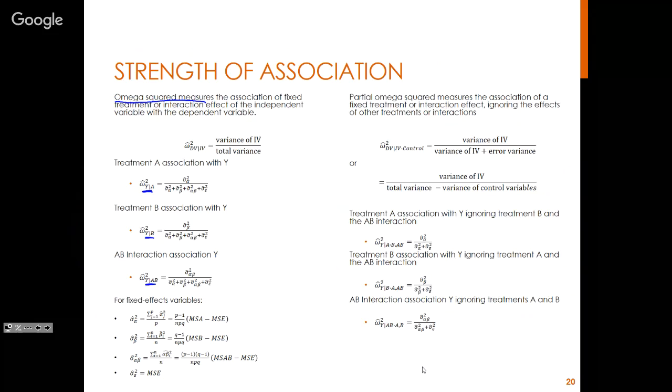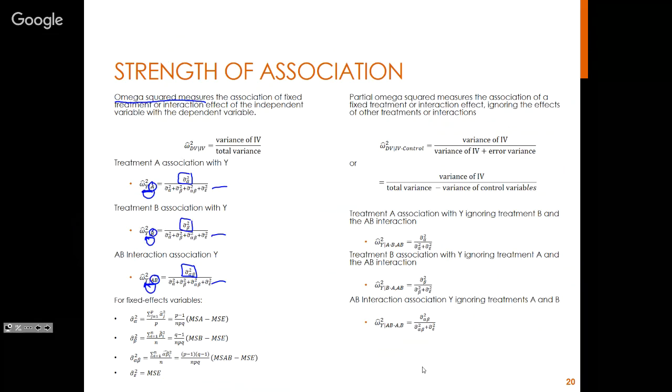So this is the association of treatment A with the dependent variable, of treatment B with the dependent variable, and of treatment interaction, AB, with the dependent variable. And so the only thing that's really changing is the numerator, and the denominator has all four components of the model in it.